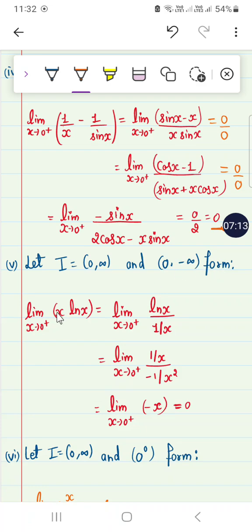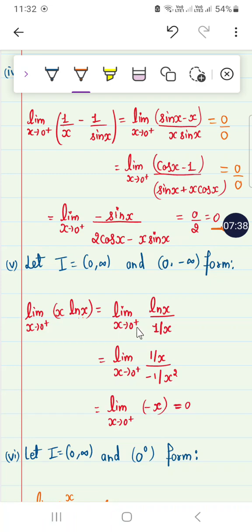So how do you know that it is the form of this? The limit extending to 0 plus is the function x log x, right? Now if you take the limit, x is 0 and log of 0 does not exist. Okay, so this is the indeterminate form, right?